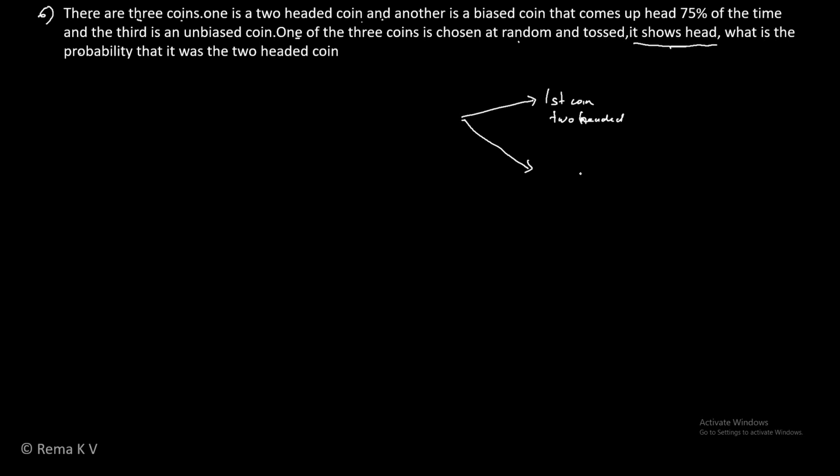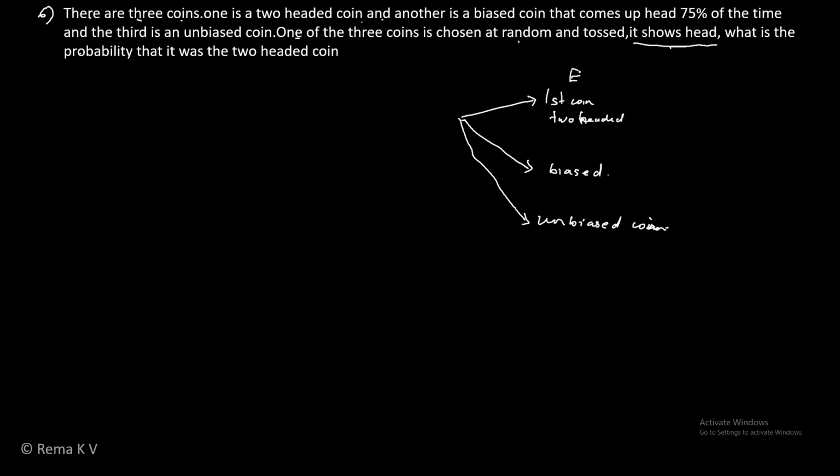Then the second one is a biased coin. And now the third one is an unbiased coin. So 3 cases are there.